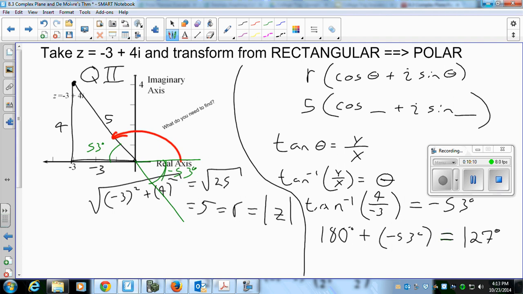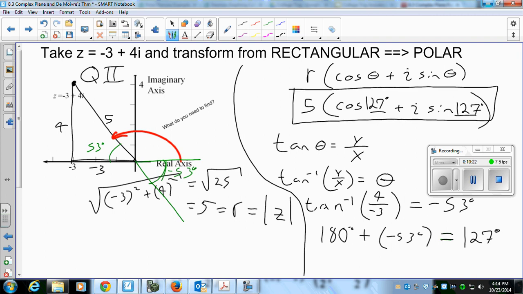So the last thing I do is put 127 where my theta is, and I'm done. This is the polar form of a complex number.